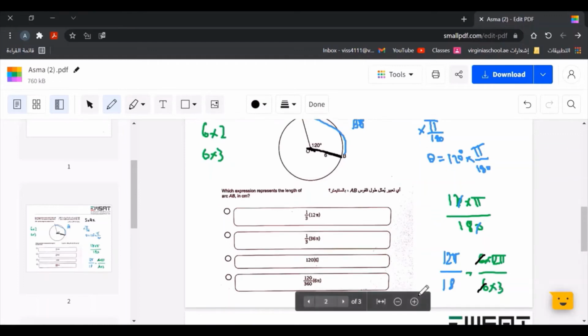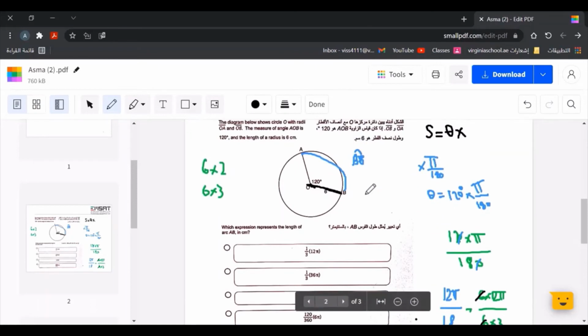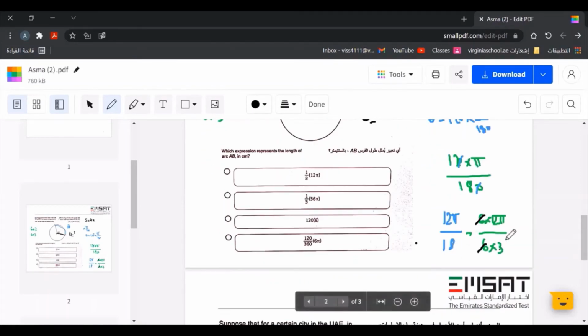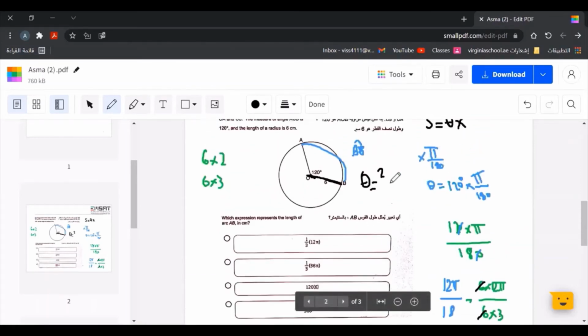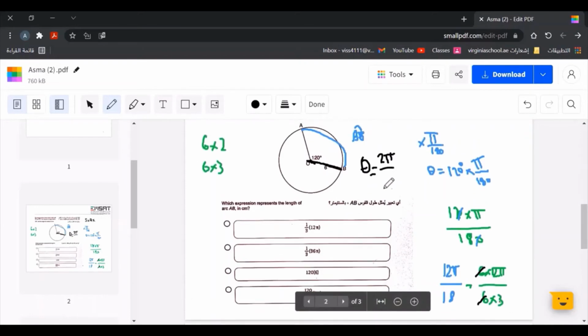So theta equals 2 pi, what's left up, over what's left down, which is only 3, so 2 pi over 3.